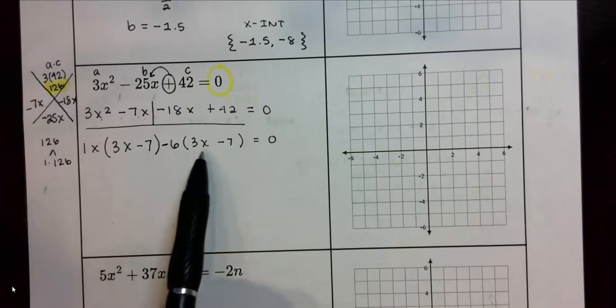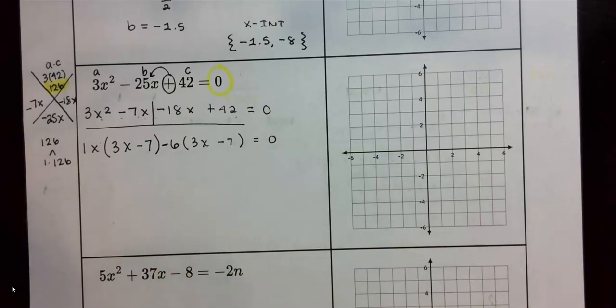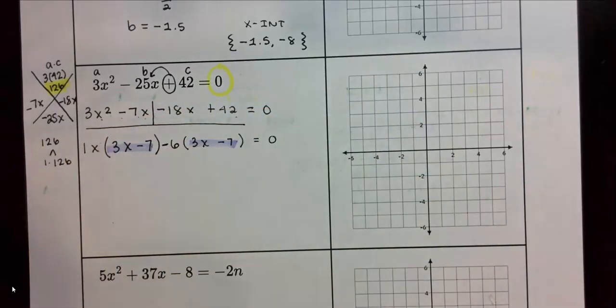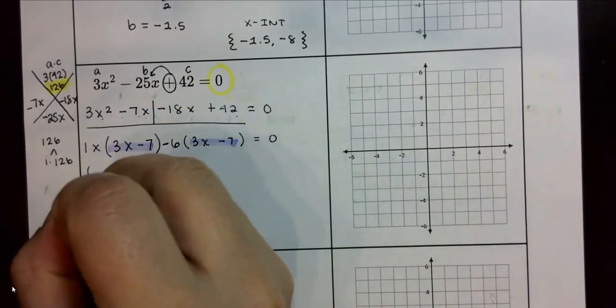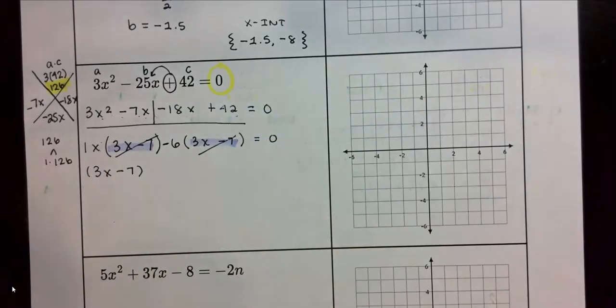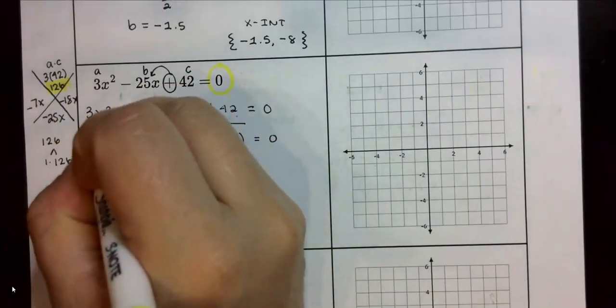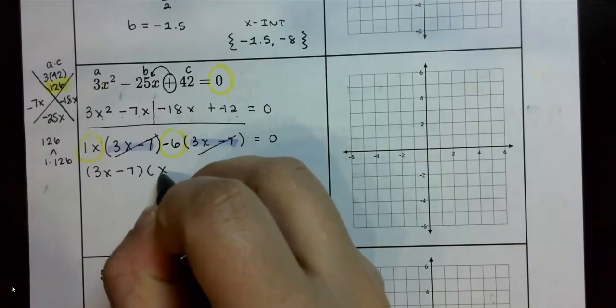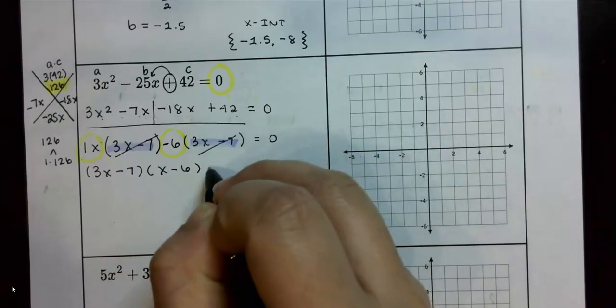So we're going to take this and this because we now know that we've done it correctly. We can go ahead and put it once. 3x minus 7. Cross it out. Whatever's left over gets put in the second parentheses. So that gives us x minus 6 equals 0.